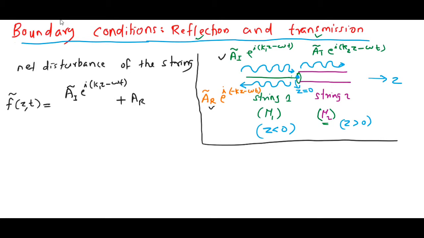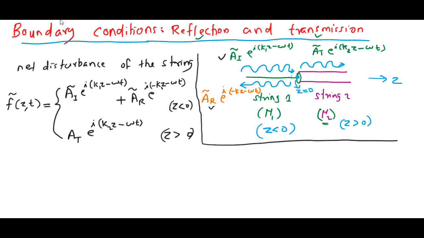The reflected wave is A_r e^(i(minus k1 z minus omega t)). This is minus k1 z, in the z less than 0 region. Then the transmitted wave is denoted by A_t e^(i(k2 z minus omega t)) in the z greater than 0 region. Therefore, this is our f(z,t).